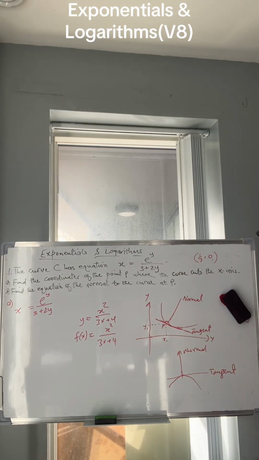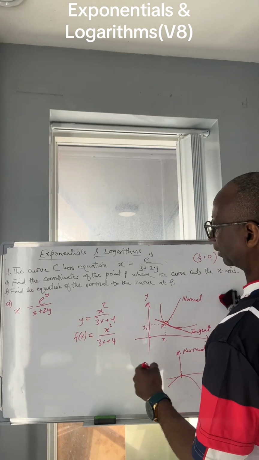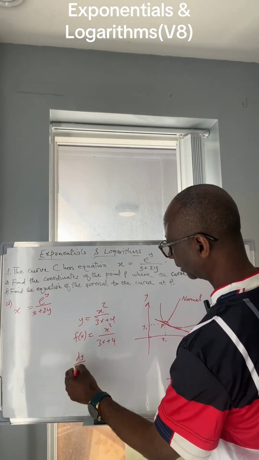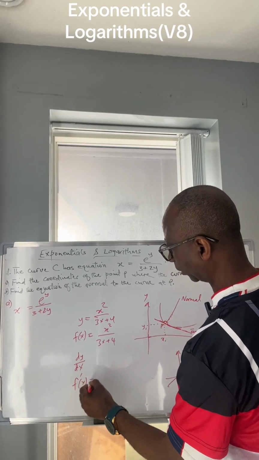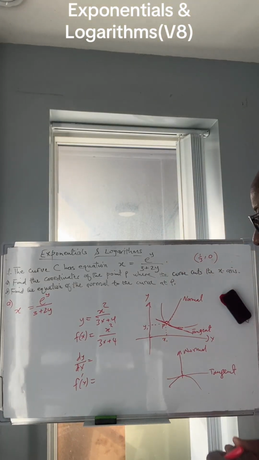Then, when you want to find the gradient of this function, you differentiate. For this first one, you can say dy dx. For the next one, you can say f prime of x equals, then you do your differentiation.